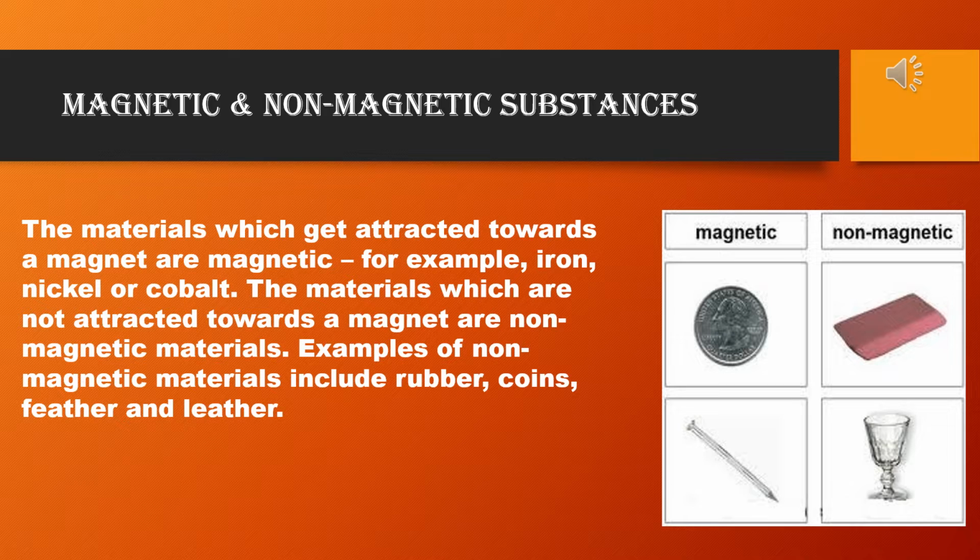The substances which are neither attracted by magnets nor can be made into magnets are called non-magnetic substances. Glass, wood, copper, brass, etc. are a few examples. Here, copper symbol is Cu, capital C, small u, and brass is an alloy. That means it is made up of more than one metal.